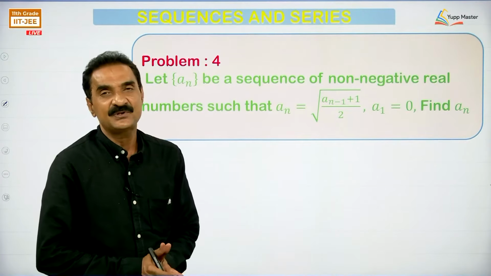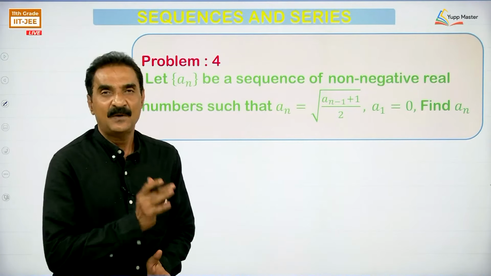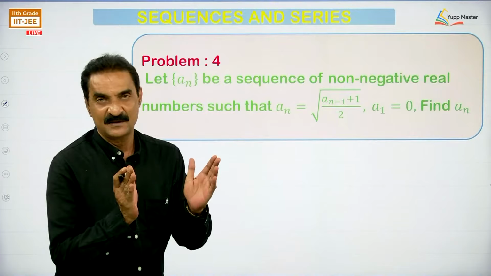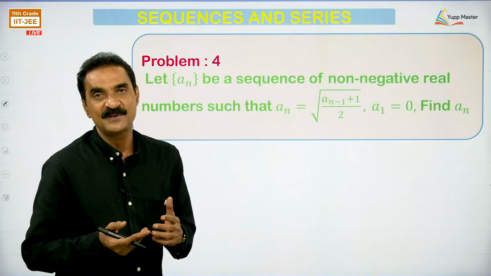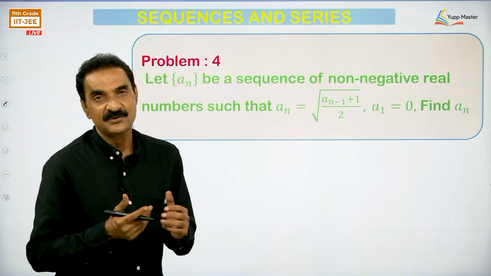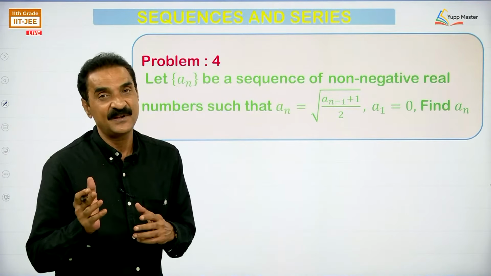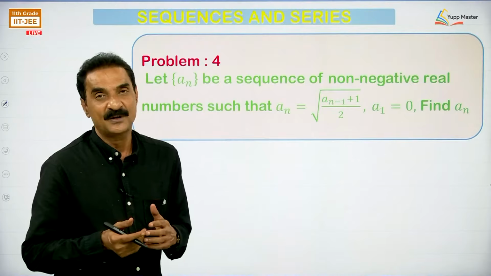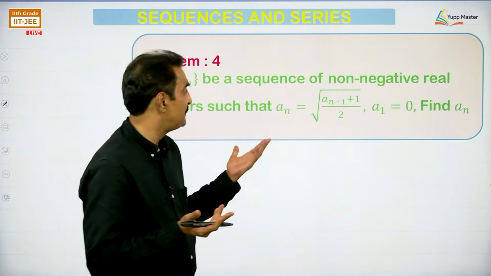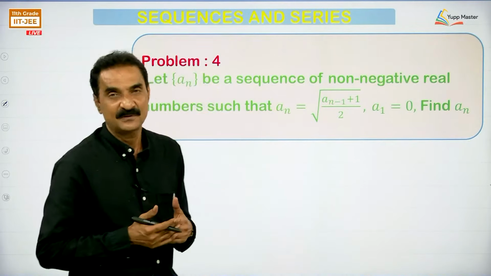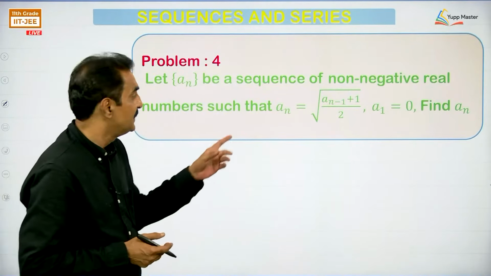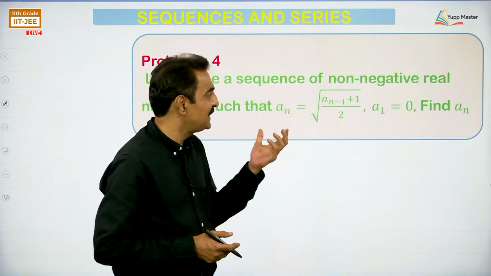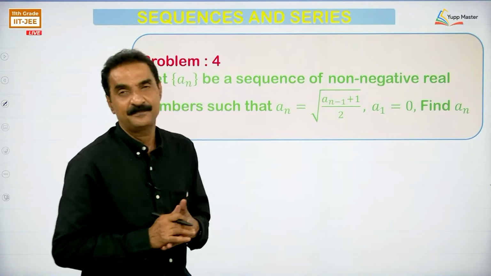See, in the earlier questions, in one question we expressed the difference of consecutive terms as something and we used telescoping summation, and in another question the ratio of consecutive terms is given, so we used telescoping product, but we cannot apply any of those techniques here because of the square root. Okay. Then multiplication or addition, nothing will work.